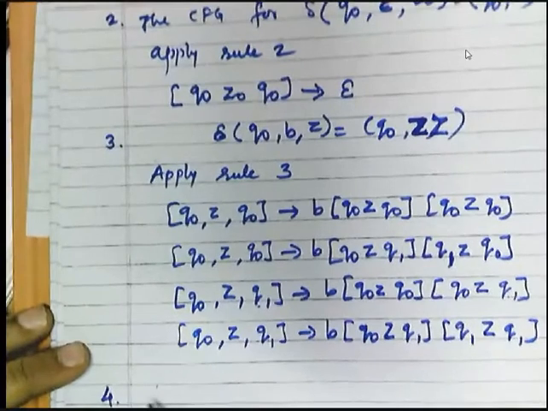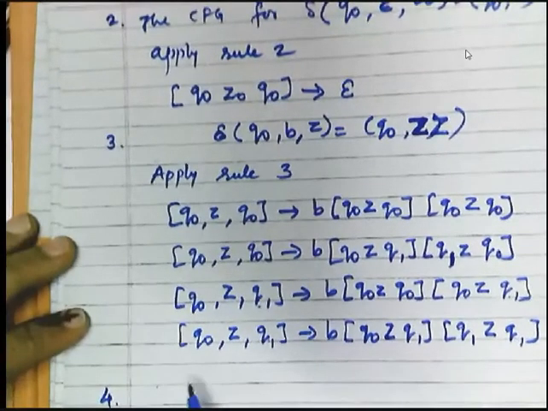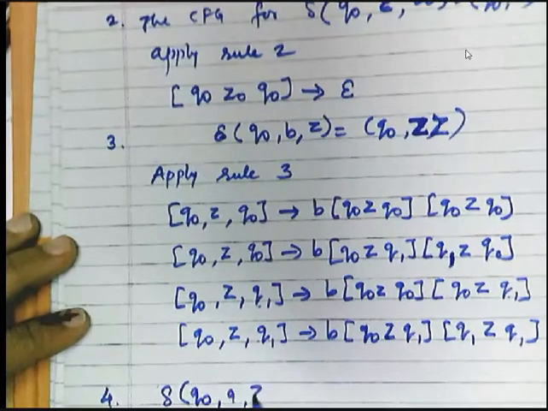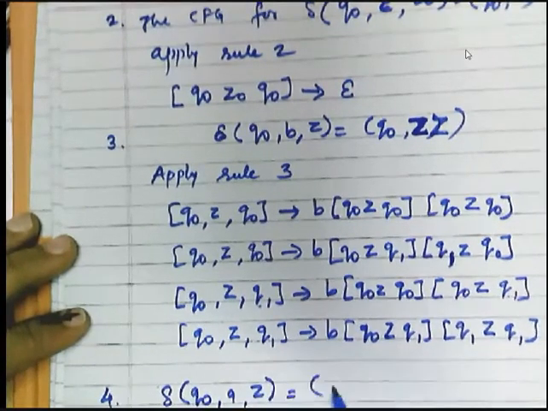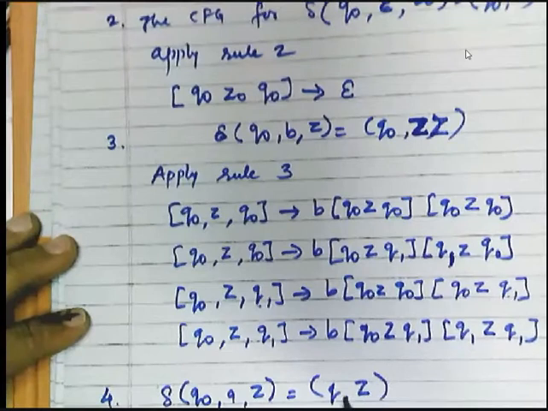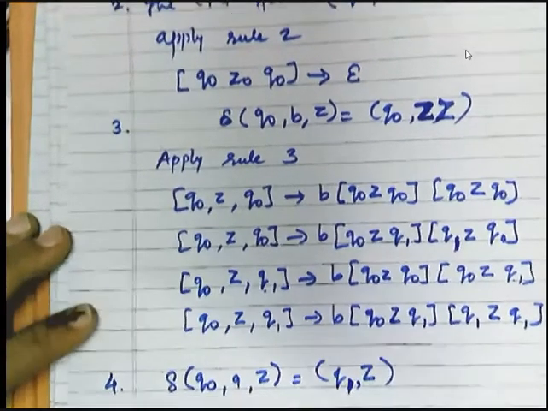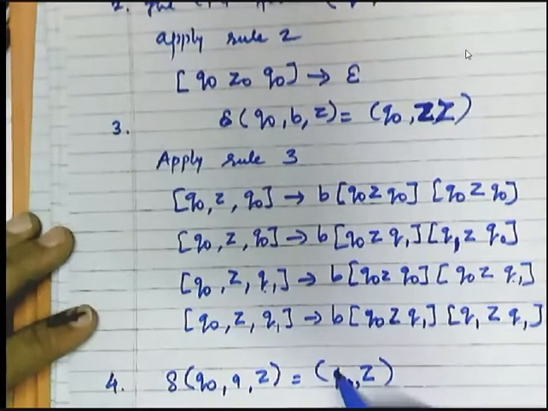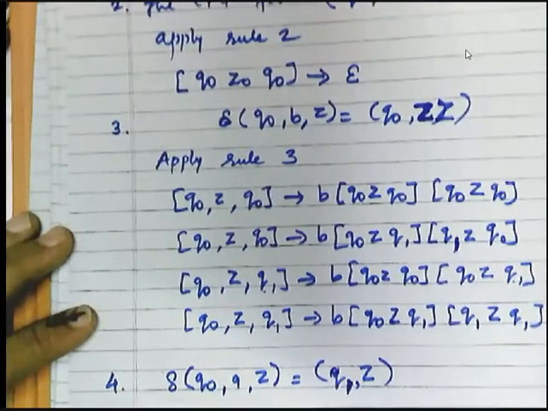Now fourth. What is this fourth rule? The fourth rule is, you can verify in your copy, Q0 A comma Z is equal to Q1 Z. So if this is a rule, then we have to use again which rule? Third rule. Apply rule 3.